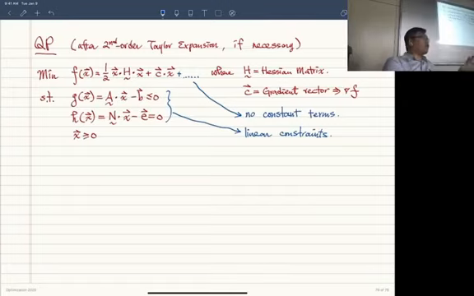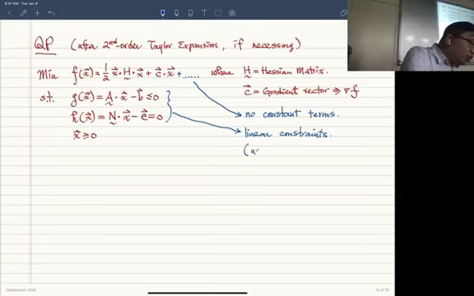So if you have a nonlinear constraint, you have to use first order Taylor expansion, if necessary, in order to do quadratic programming.